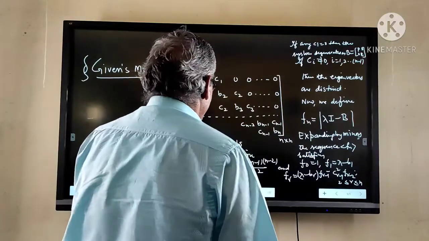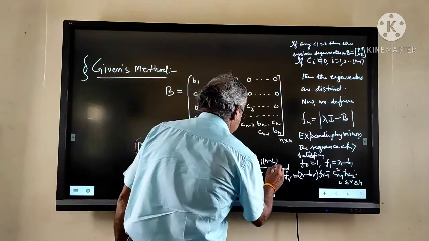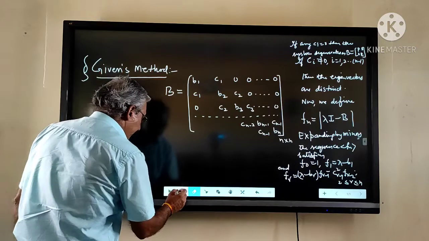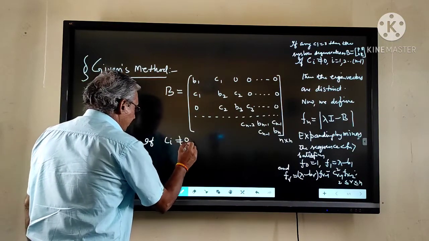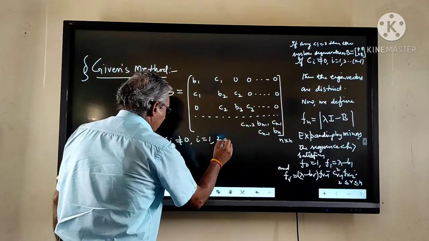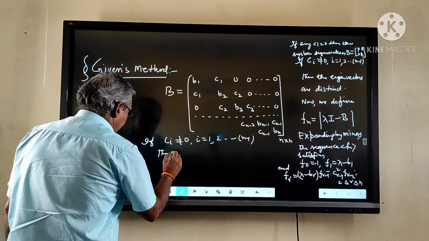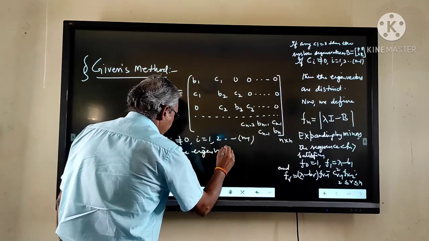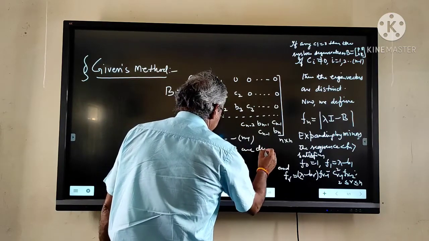That is, if Ci is not equal to 0, i equals 1, 2 and so on n minus 1, then the eigenvalues are distinct.